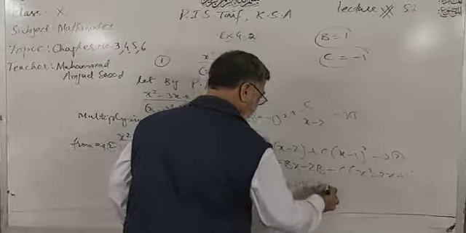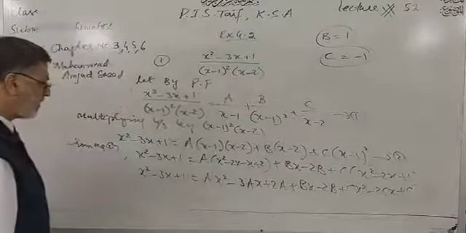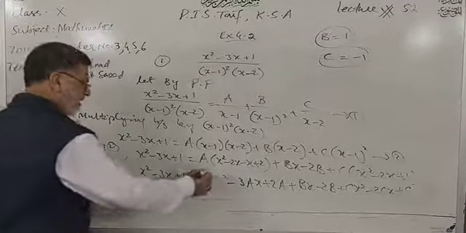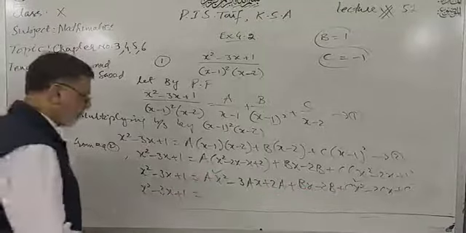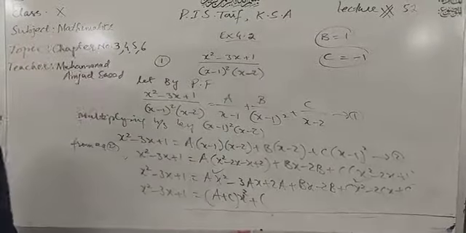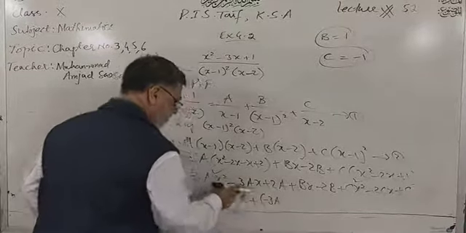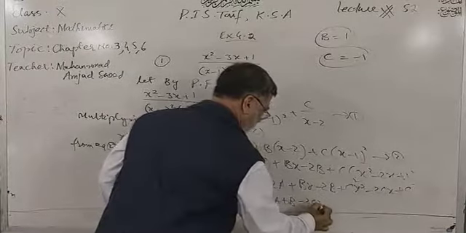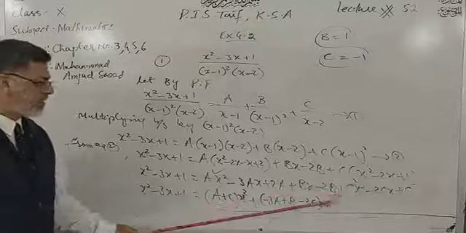Then plus Bx − 2B, Cx² − 2Cx + C. Here we will write x² − 3x + 1 equals (A + C)x², these are x² terms, then the x terms: (−3A + B − 2C)x.